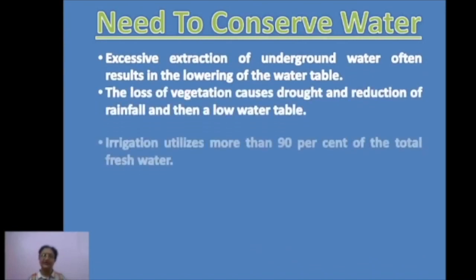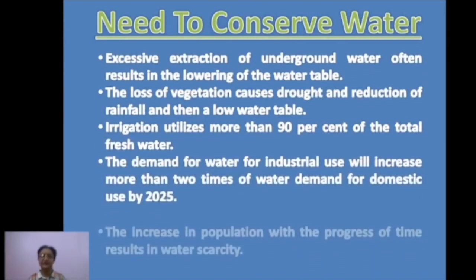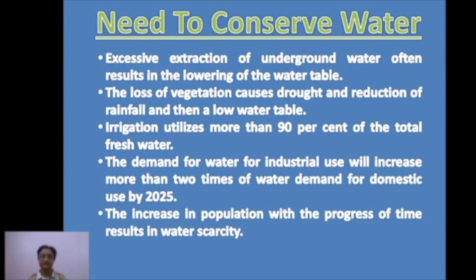Now what do you think, why is there a need to conserve water? Out of the total fresh water which is present with us, 90 to 94% is used for irrigation of agricultural fields.